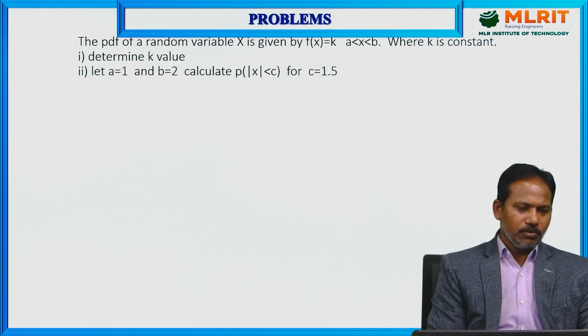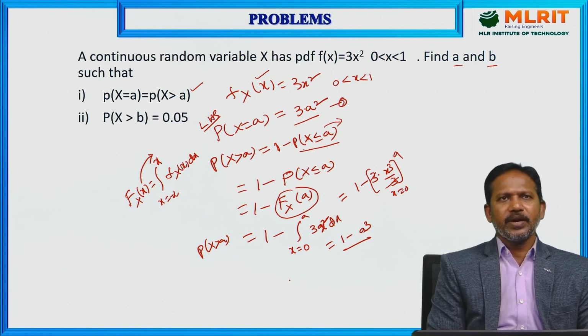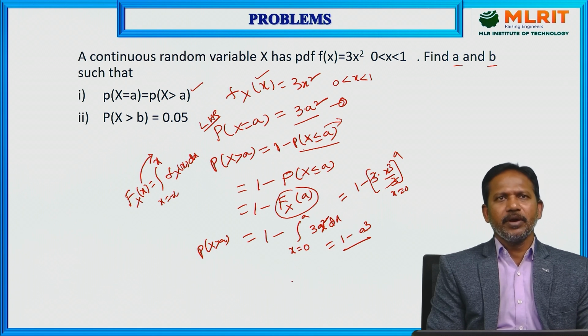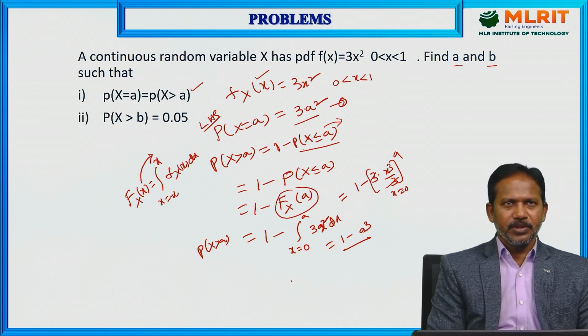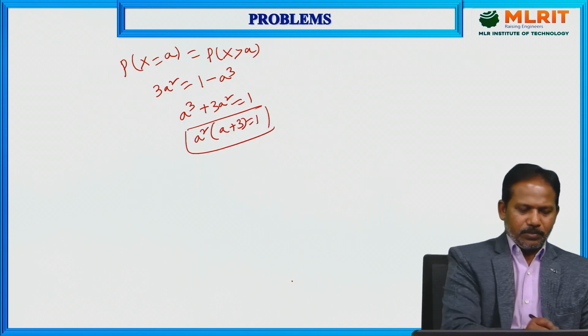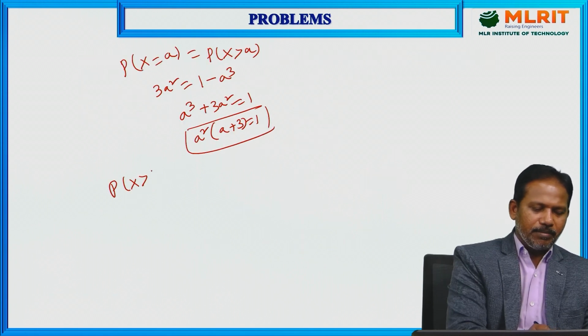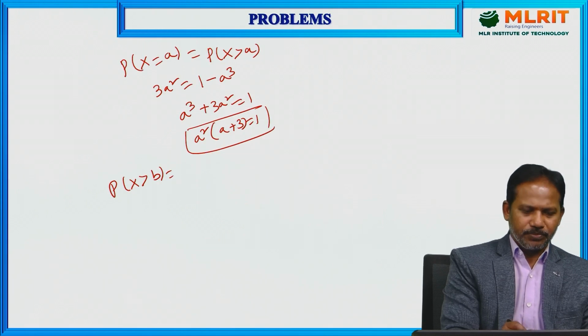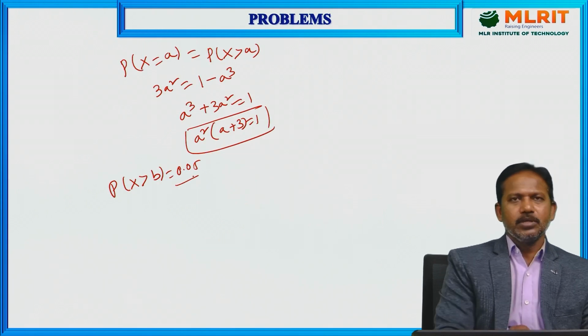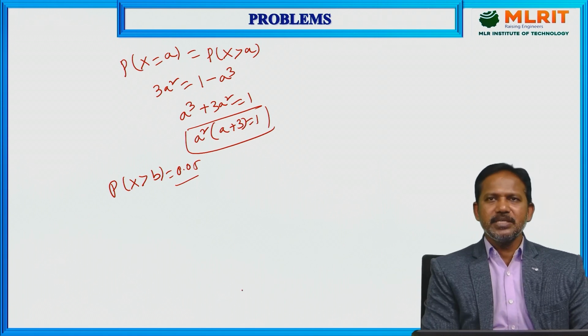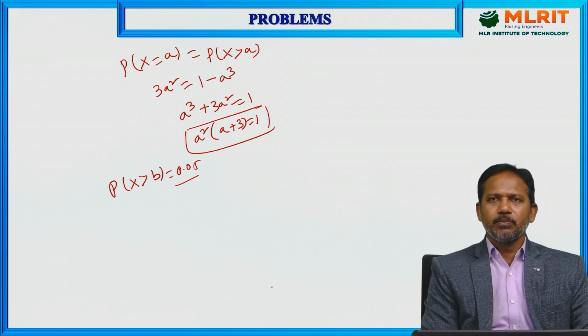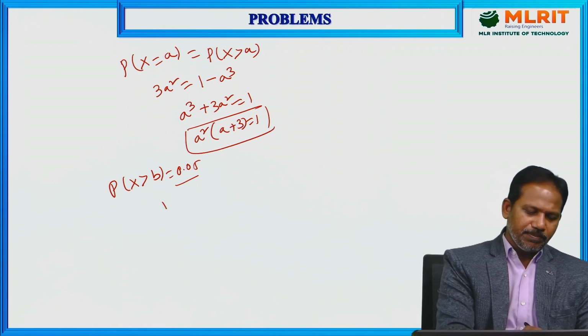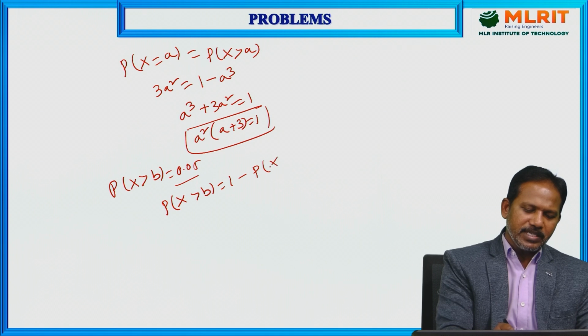Next, you need to find b such that p of x greater than b is equal to 0.05. P of x greater than b, I want to write in terms of the distribution function, that is 1 minus p of x less than or equal to b.